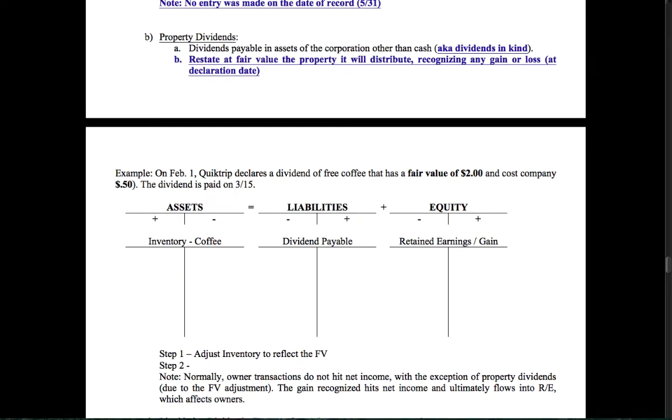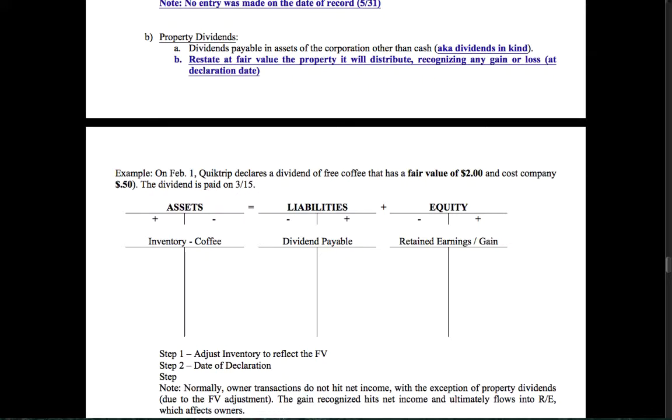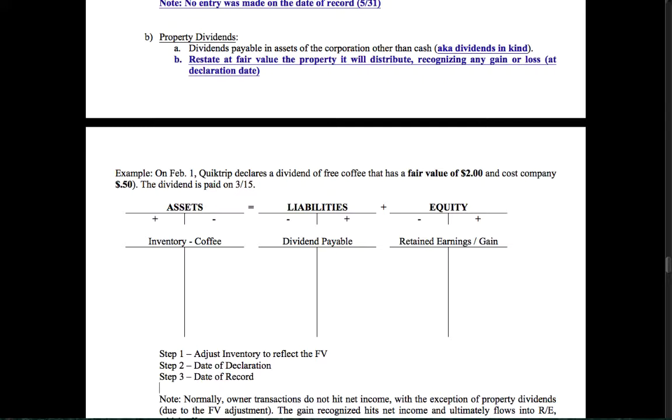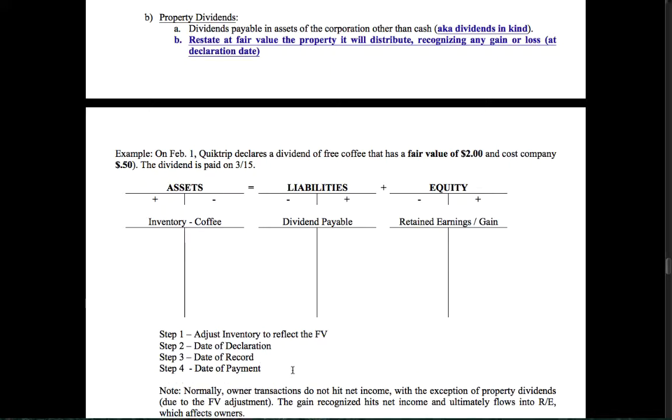Then we're going to need to do the date of declaration, then the date of record, and then the date of payment. And this is how I would think about each transaction when you're dealing with dividends, making sure that you're hitting everything you need to at each of those key dates.